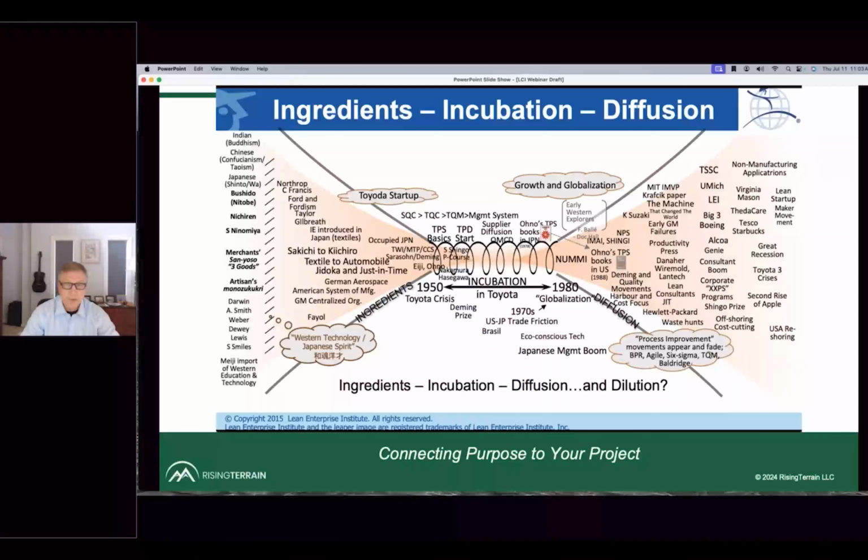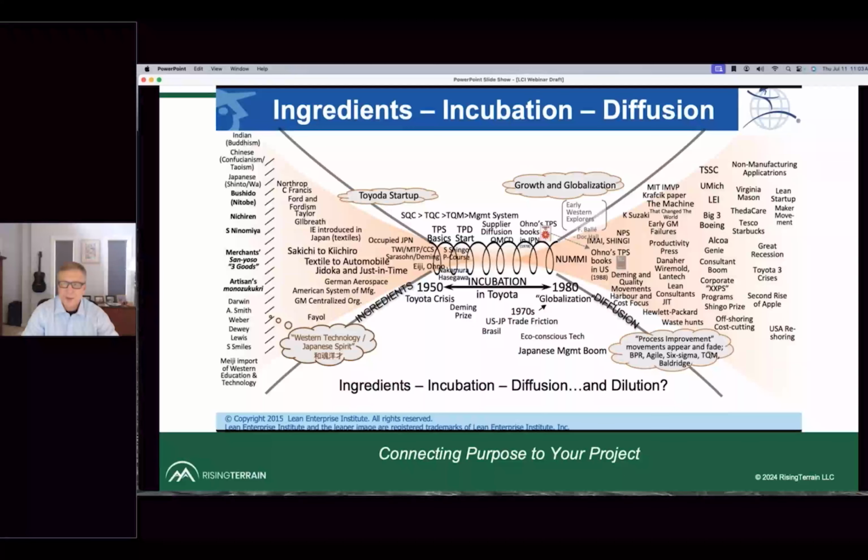He was the first American manager at a Toyota factory. He later became the head of the Lean Enterprise Institute. Very thoughtful person in terms of what is lean and what is the history of lean and what informed specifically the Toyota production system.